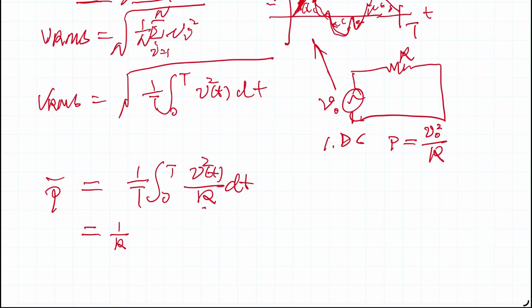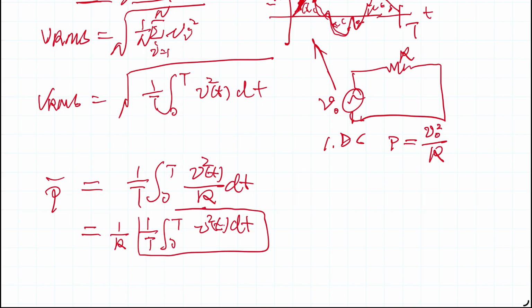So we'll have 1 over R and 1 over T, integral from 0 to T of v squared(t) dt. Okay, now you can tell this part looks very familiar. It's exactly like that. This part is basically 1 over R times V RMS squared.